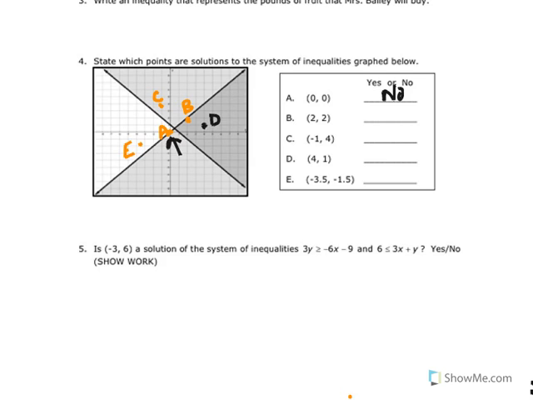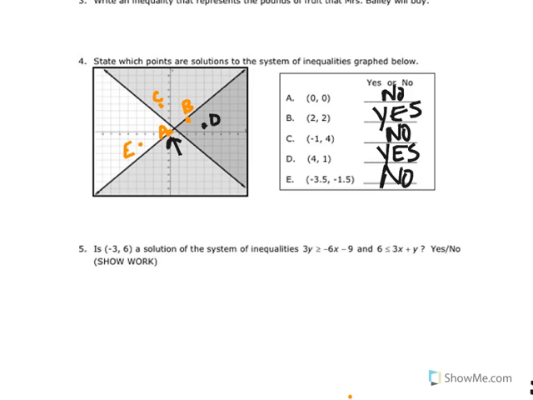So 2, 2, which is B, is in the shaded region on the solid line, so that's a yes. Negative 1, 4, which is C, it's only in half shaded, so that's a no. 4, 1 is D, and it's in the double shaded area, so that's yes. And then negative 3.5, negative 1.5, it's not in anything, so that's a no.